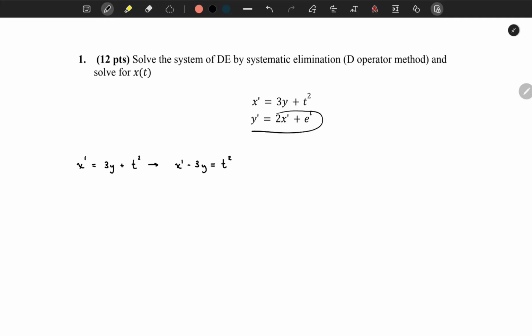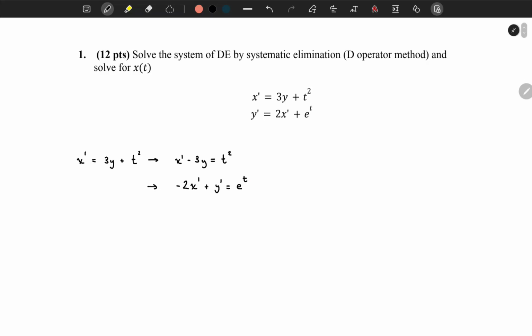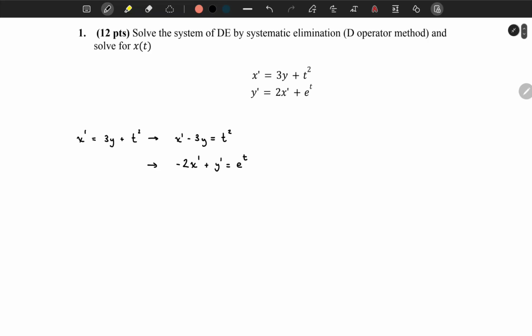As for the other equation, let's also rearrange that as negative 2x prime plus y prime is equal to e to the power of t. So there we have our two equations.